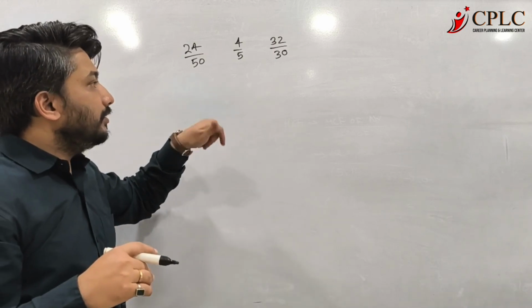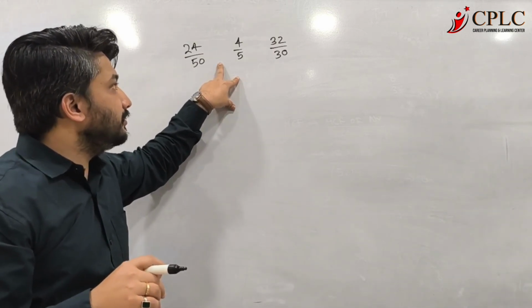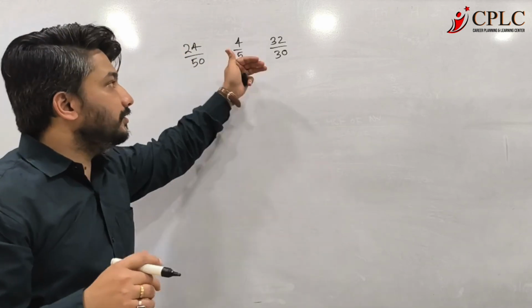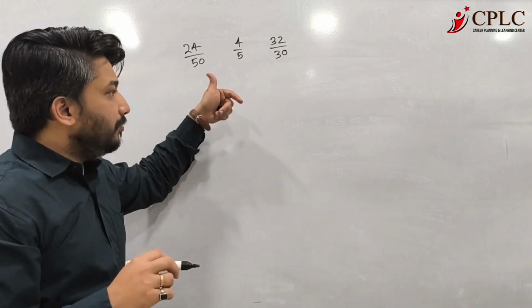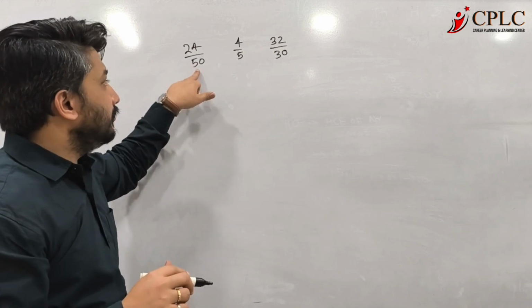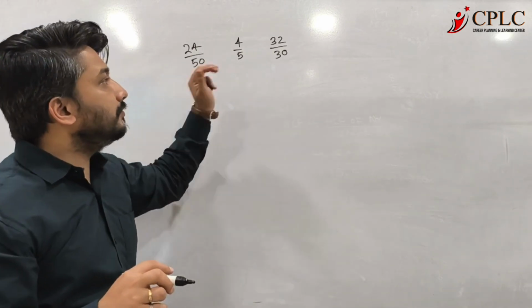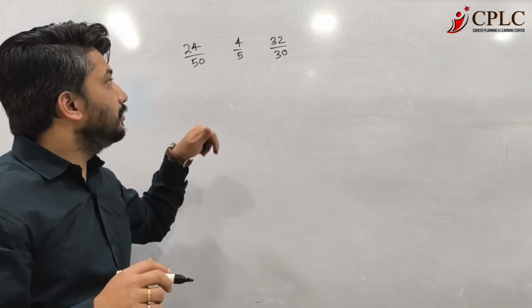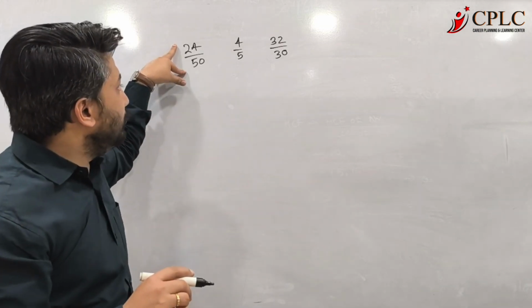Now as usual, what we need to first do is apply the concept, that is whether any one of these fractions can be further reduced or not. And when you think from that point of view, you'll realize that yes, the first and the last fraction both can be reduced further. So we need to first reduce them. Both these numbers can be divisible by 2, for example.